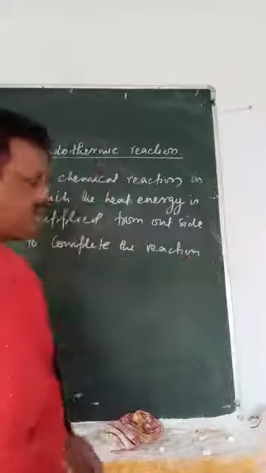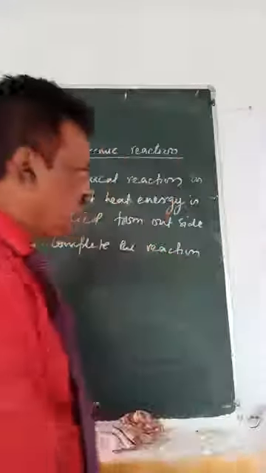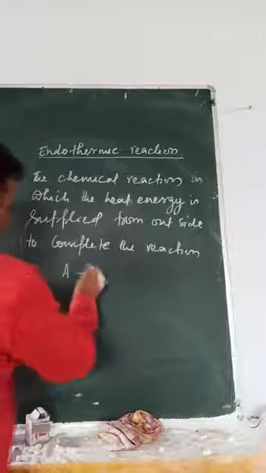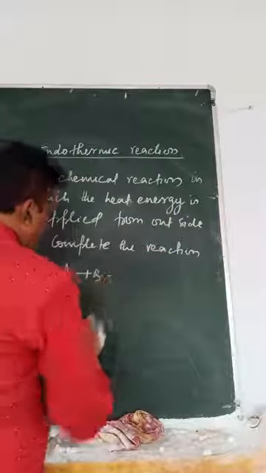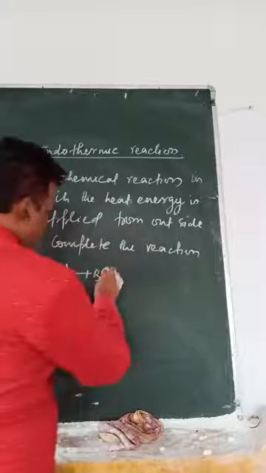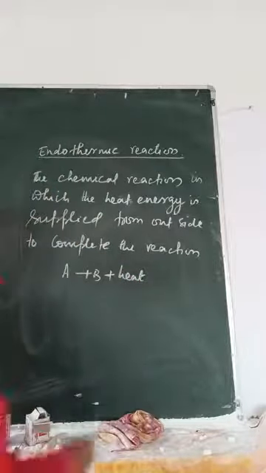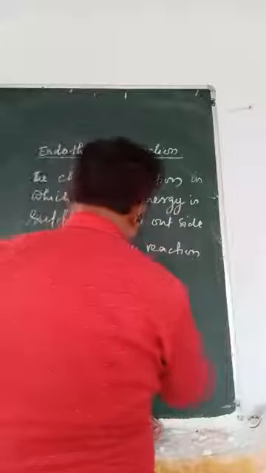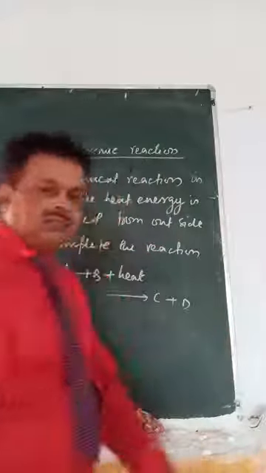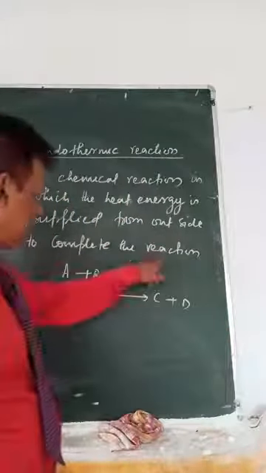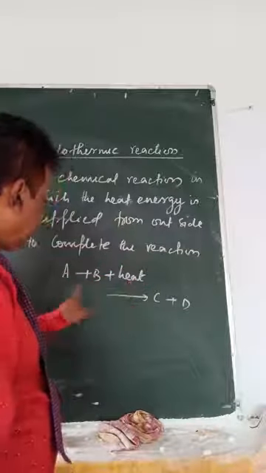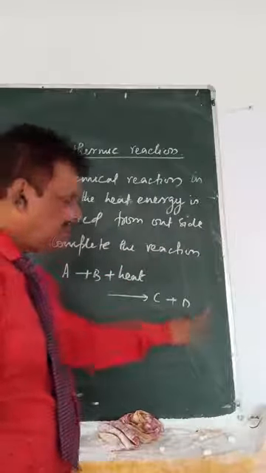For example, if there are 2 reactants, A and B, you have to give heat to them, A plus B plus heat energy, then the outcome will be C plus D, some new substances. So heat is given from outside for this reaction to obtain the products.